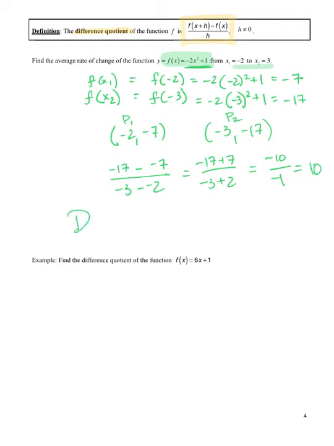So the difference quotient, the average rate of change, the slope of the secant line passing through these 2 points on this nonlinear function, is 10.